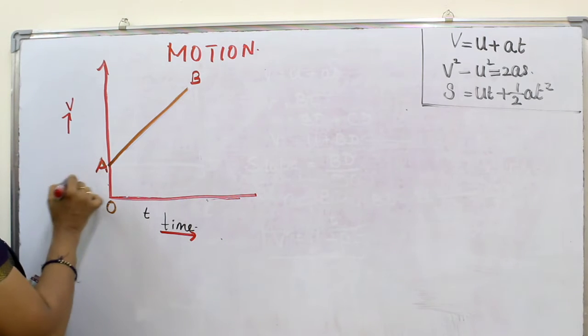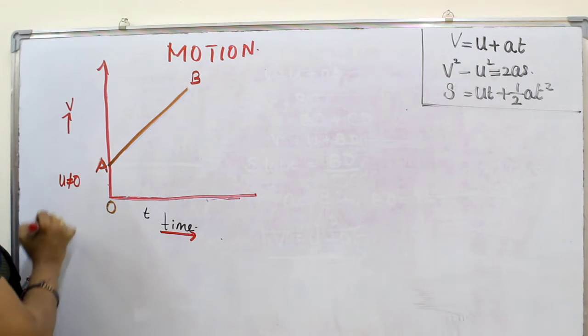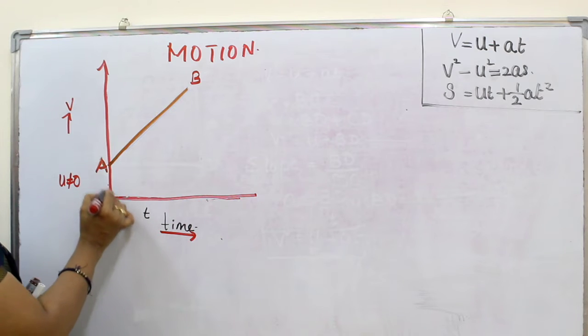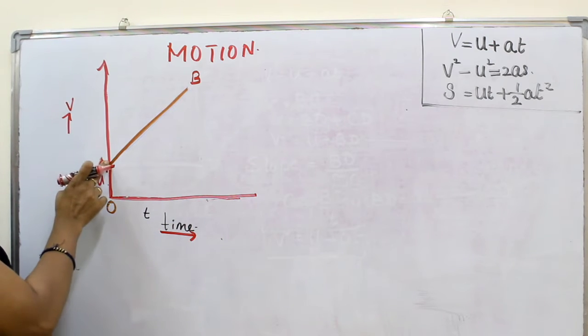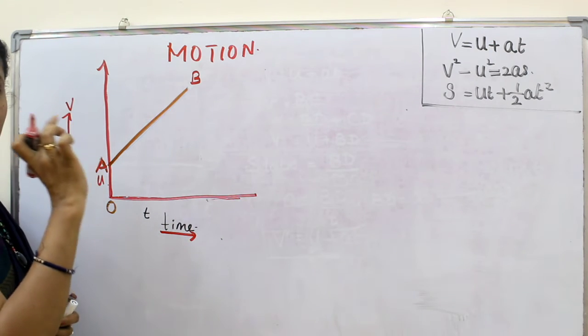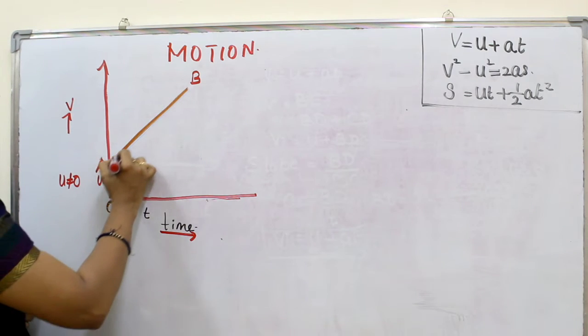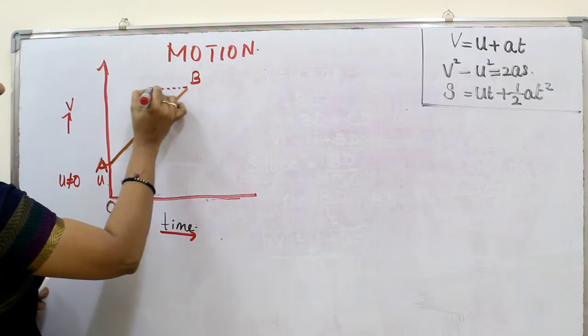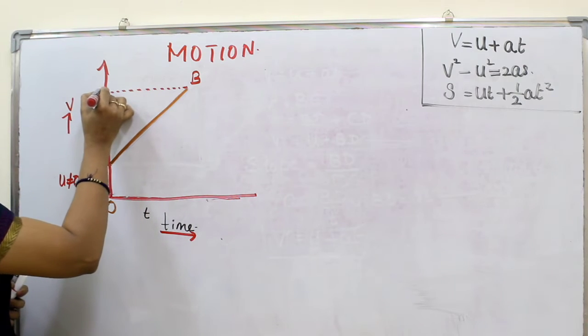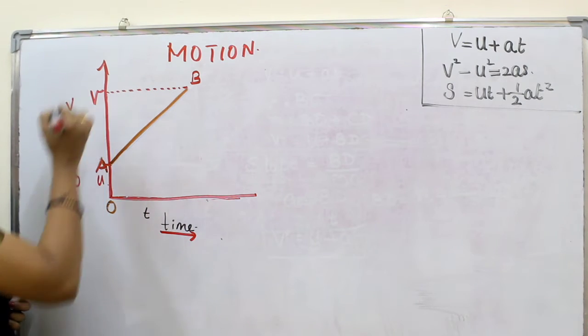So the initial velocity u is not equal to 0 here.